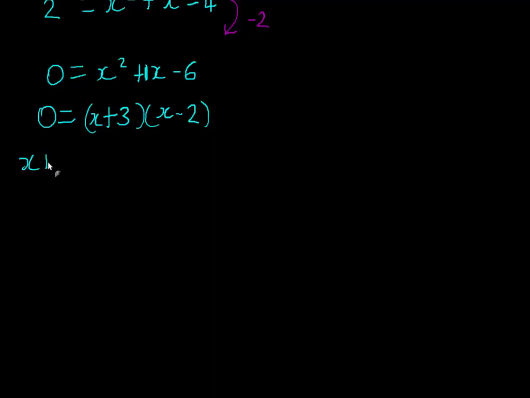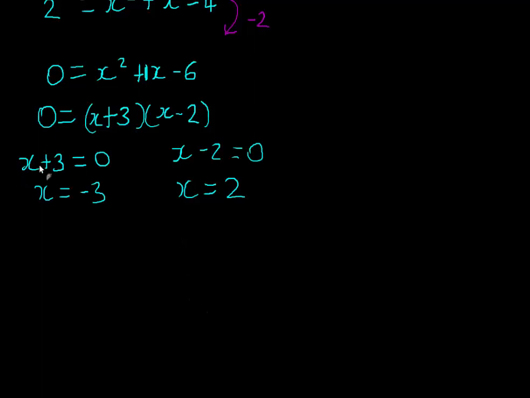Either x plus 3 is equal to 0, so the left-hand bracket, or x minus 2 is equal to 0. If x plus 3 equals 0, then x is negative 3. If x minus 2 is equal to 0, then x is equal to 2.